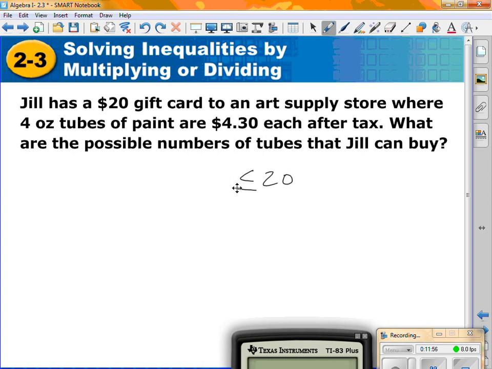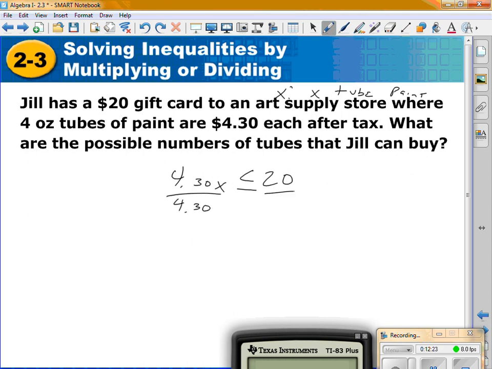They're $4.30 a piece. So 4.30x. Now we'll just say x is my tube of paint. What do I do to solve? I divide by 4.30.